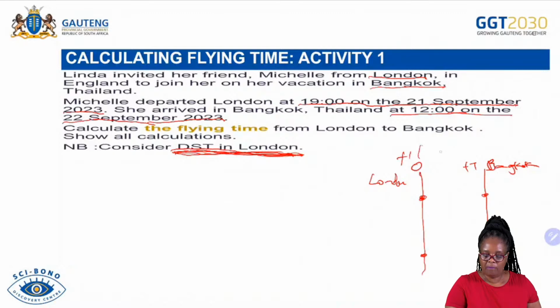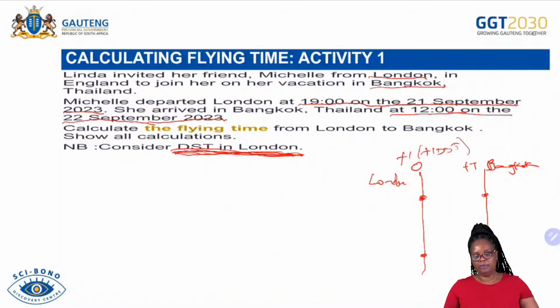We have added 1 for DST. Remember to write this. So now London will do the calculations from +1. The easier way to calculate DST is at the beginning of your calculation. Don't do it at the end because you will forget about it.